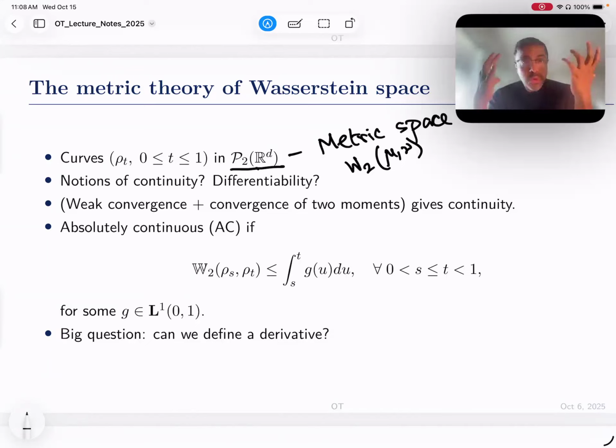Now, the goal towards which we were going here is that I want to understand this entire set of probability measures with finite second moments first as a metric space, but second and more importantly, as a Riemannian manifold. Riemannian manifolds are very nice.